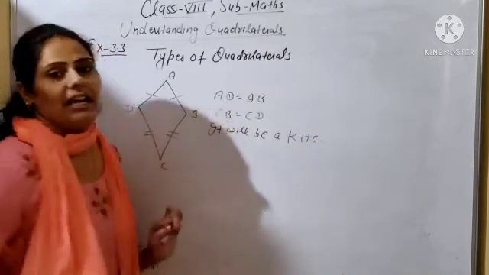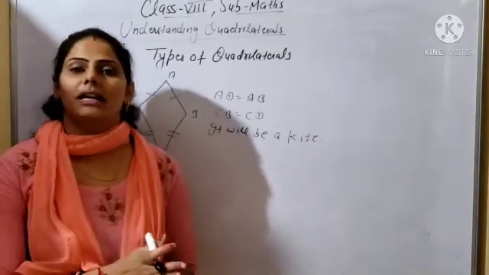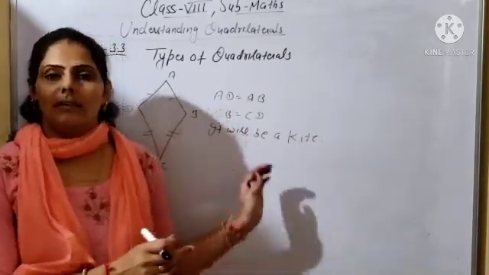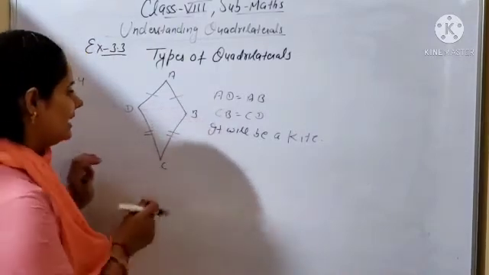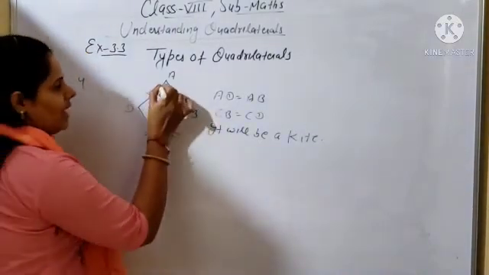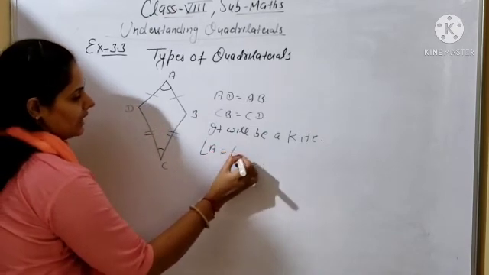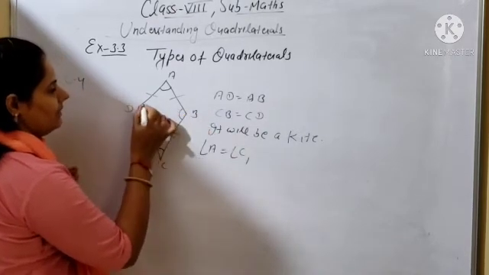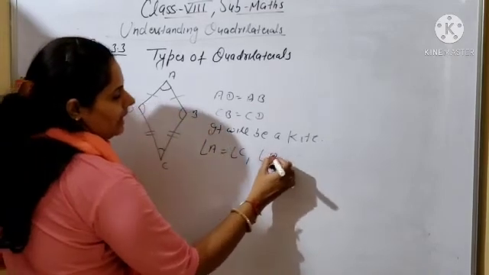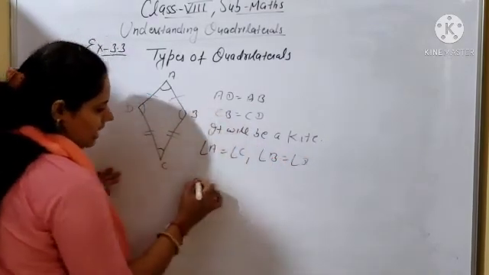And in a kite, you know very well, opposite angles will be equal. So angle A will be equal to angle C.